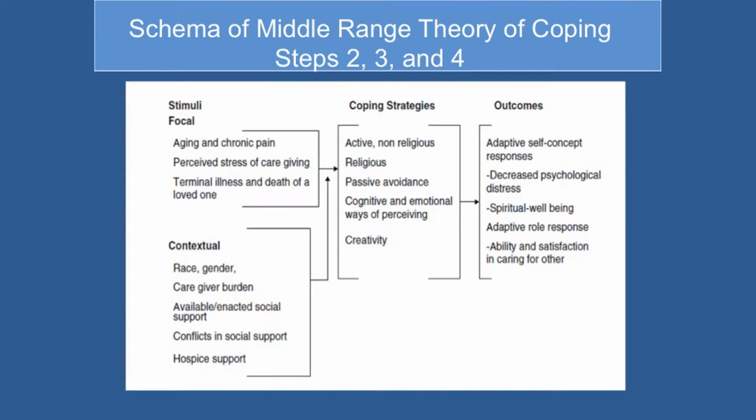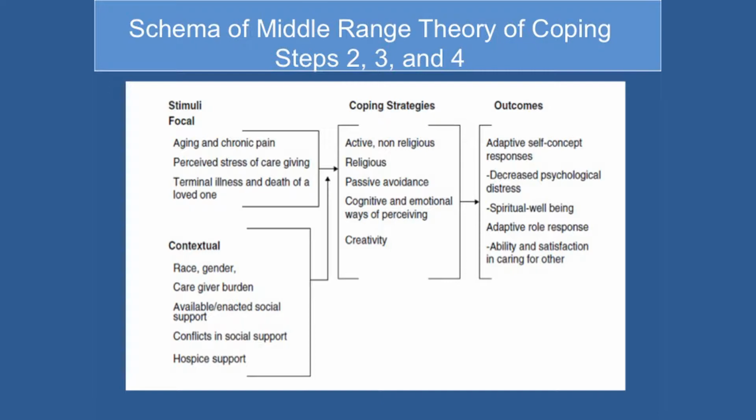So look at the schema, column 1, and you see the different types of stimuli according to the model. So those of you familiar with the model will recognize that we are able to identify within these studies what is the focal stimuli, the one being focused on either by the patient or group that's being studied, the contextual stimuli, all other factors.